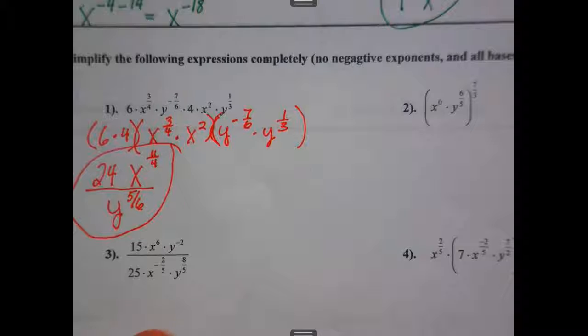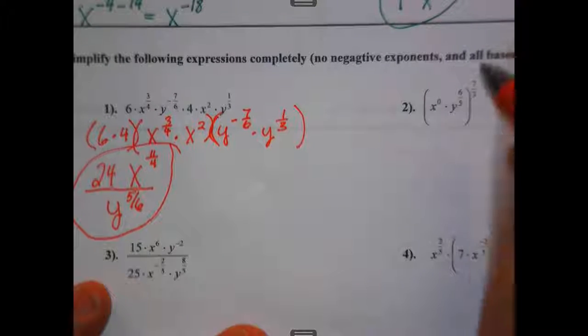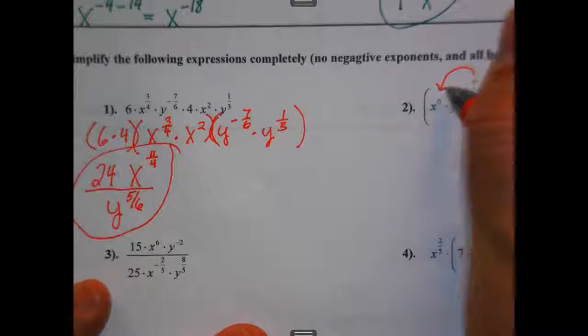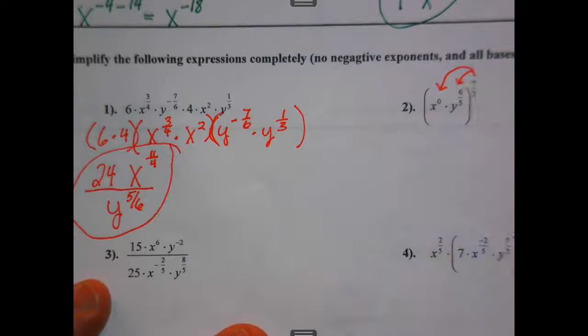Number 2. I have to distribute that. This is so scary. Okay, x to the 0 times 7/3 is x to the 0, which is just 1.